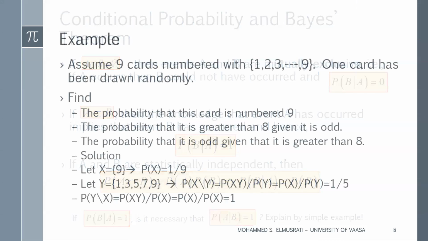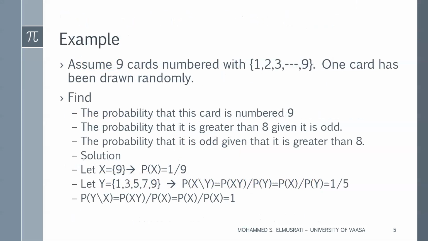Yeah, so here we have a few examples about the application of this probability. For example, assume you have 9 cards. Each card has a number from 1 up to 9.